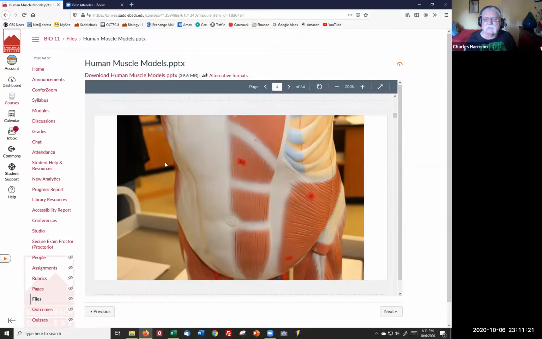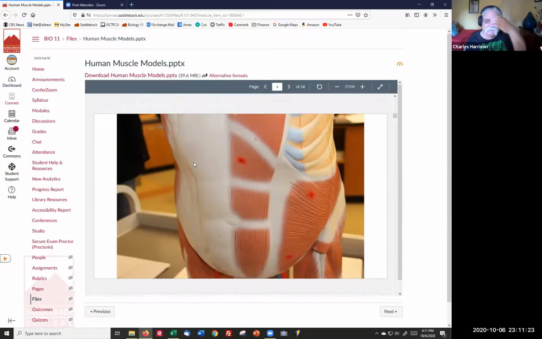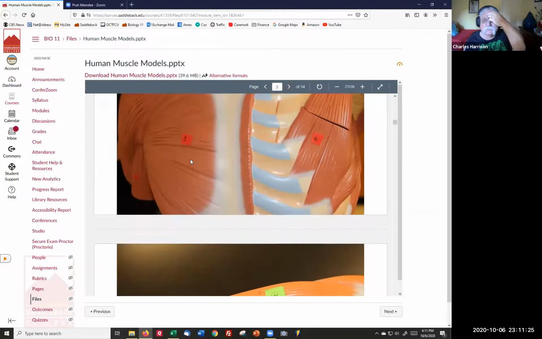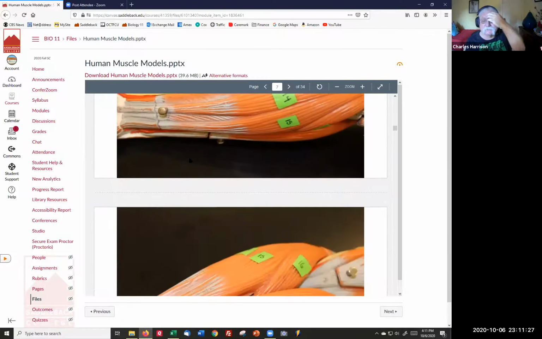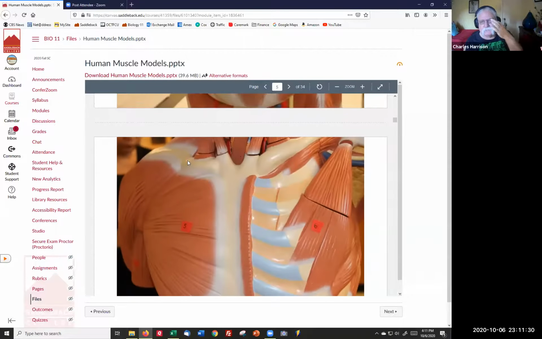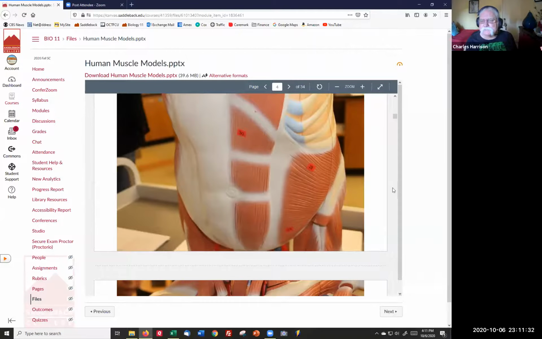The external oblique are on the other side, and didn't get included, I guess. Here's the internal oblique. The lines go up and towards the middle. This is the transverse abdominis. The lines go roughly straight across.